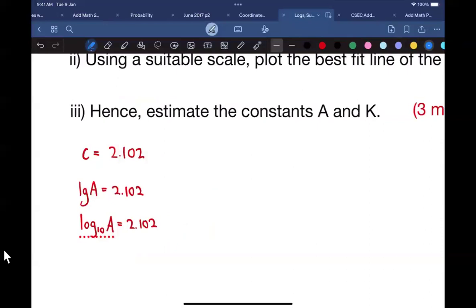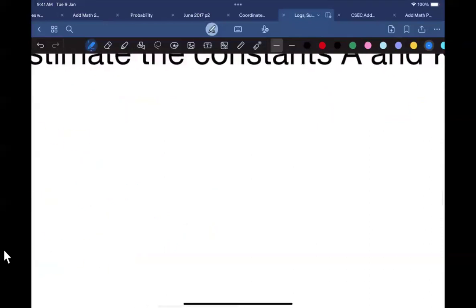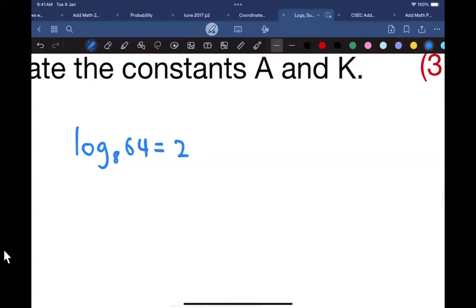Judging by the silence, I think I'll forget. Let me just do a small example. Aliyah, if I had log base 8 of 64, that would be equal to what? We have to raise 8 to what power to get 64? 2. Right? So this is the log form. If I want to write this in the index form, that'll be what to what is equal to what?